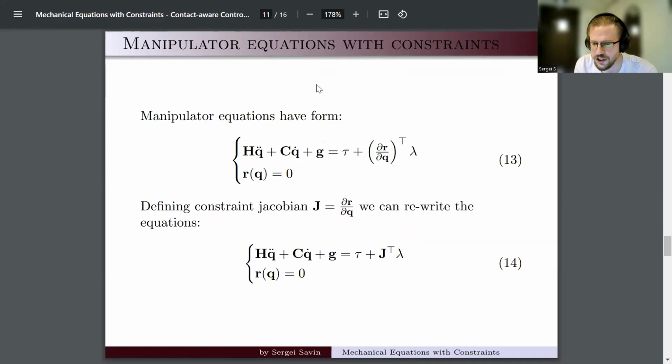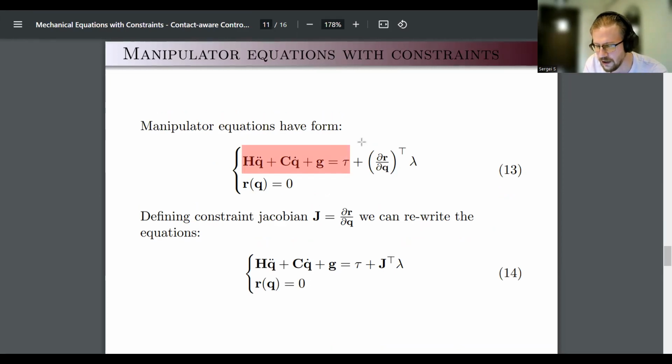Now, manipulator equations with constraints, the default way to write it would be quite the same. Here are the manipulator equations. Here we add, the same as before, this partial derivative, this Jacobian transpose times lambda. And here we have constraints. So same as with Lagrange equation.